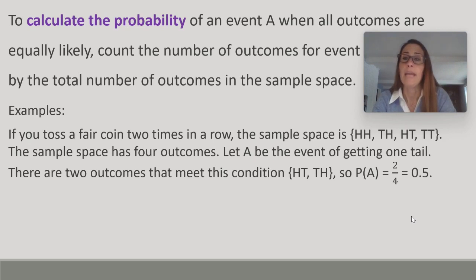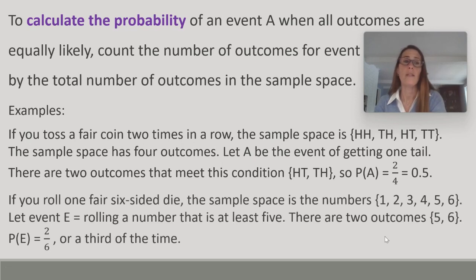If we let A be the event of getting 1 tail, then there are 2 outcomes that meet that condition, head tail or tail head. So our probability of event A is 2 out of 4, or 0.5. Sometimes we keep our fractions unreduced so we can see the total number of favorable outcomes divided by the total number of outcomes. Or sometimes we reduce it, and sometimes we write it as a decimal.